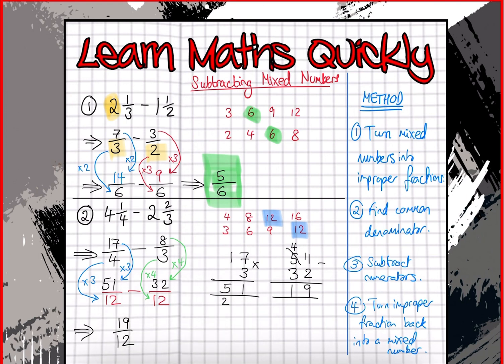Well, 12 twelfths is one whole, which means we've got one whole there. And then you think, what's left over to get up to 19? Well, to get from 12 to 19, there's 7 left over, so that becomes our numerator, and our denominator stays the same. So your answer for this one is 1 7/12.